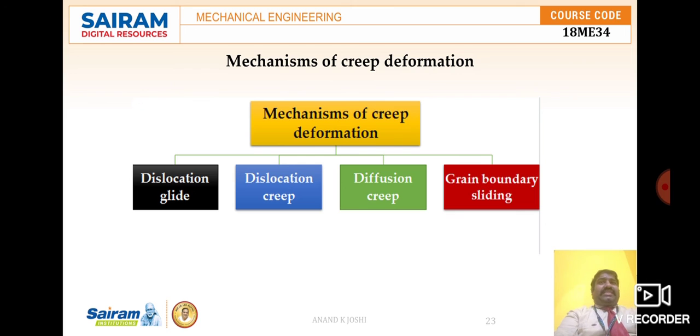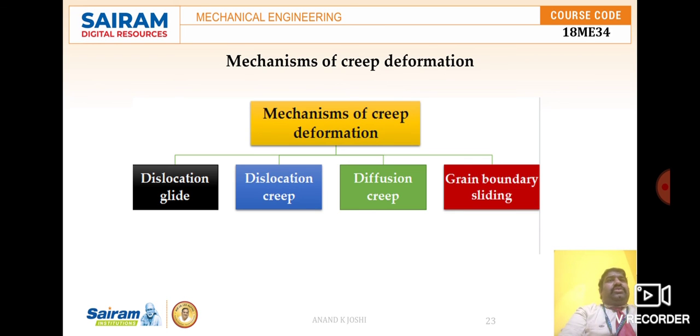Next is diffusional flow, or vacancy diffusion. This is one of the mechanisms by which creep occurs, through diffusion of atoms within the grain structure.